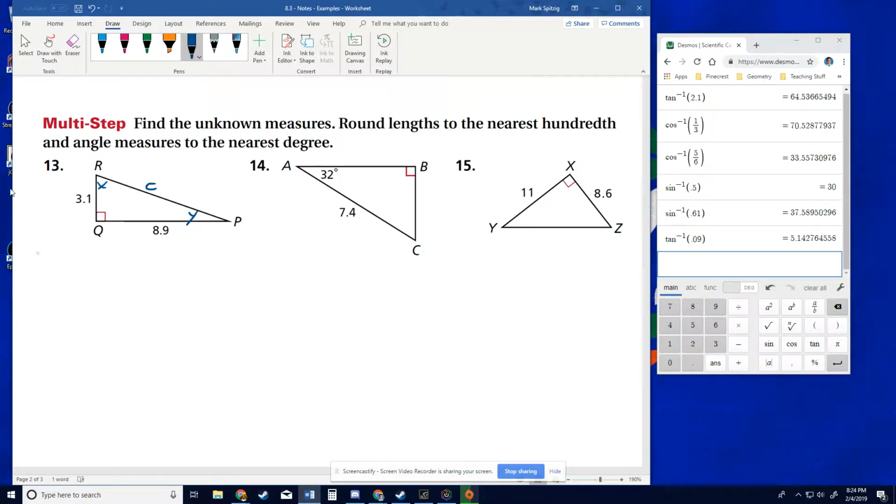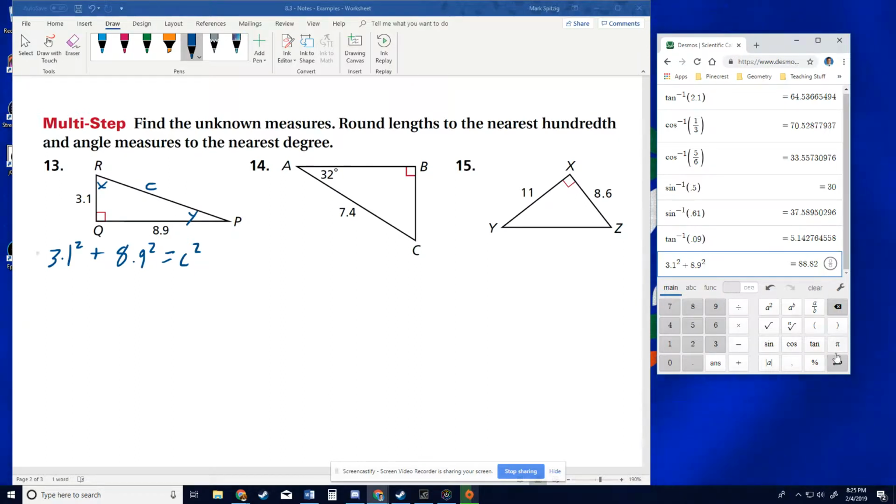All right, so first step is, of course, we do know that 3.1 squared plus 8.9 squared equals C squared. Okay, and we can solve that. 3.1 squared, and then plus 8.9 squared.